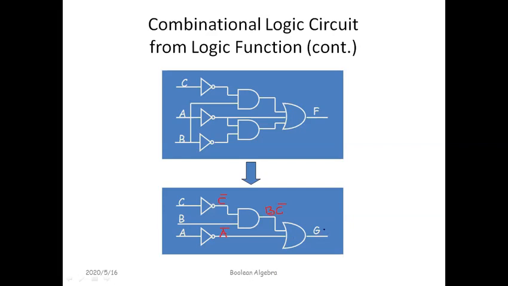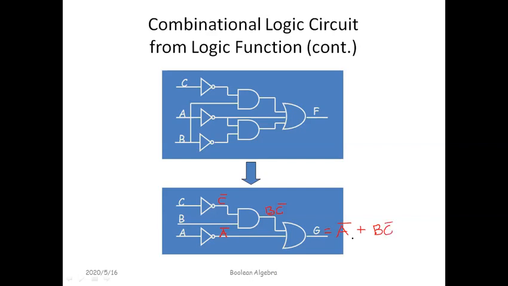So now from here we are okay. We can now just add up the input, since this is an OR gate. So the first input is A bar. This is being ORed with B C bar.